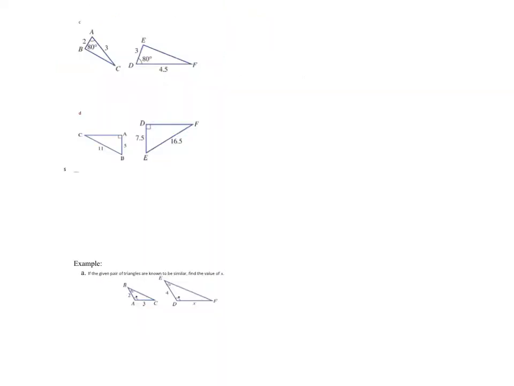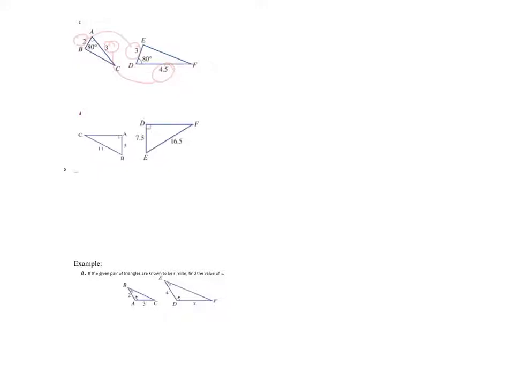So looking at the third one here, on close inspection, it looks like it could be side, angle, side, because the two angles are the same. Let's check to see if the corresponding side lengths are in ratio. So this side length corresponds to this one, and that one would have to correspond to that one.